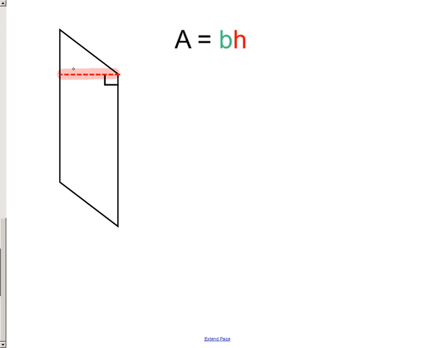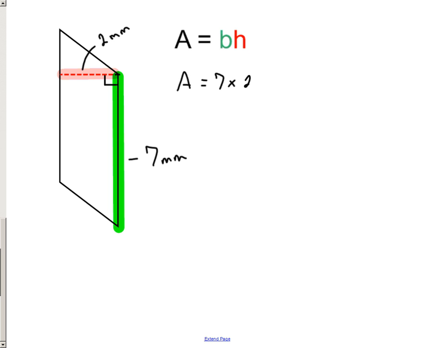That makes this the high part, and that makes this the low part, and it connects at 90 degrees. So this would have to come through and be your base. Now, let's just say that this is 2 millimeters, and let's just say that this green side is 7 millimeters.